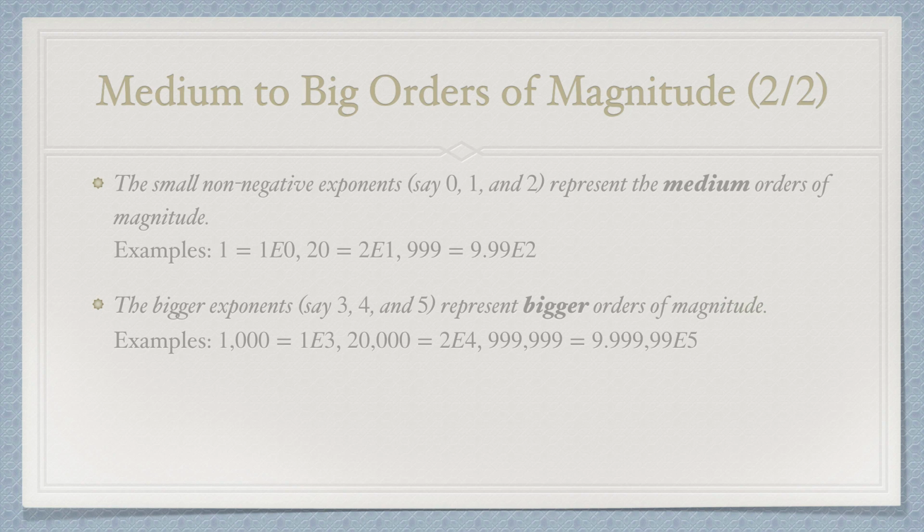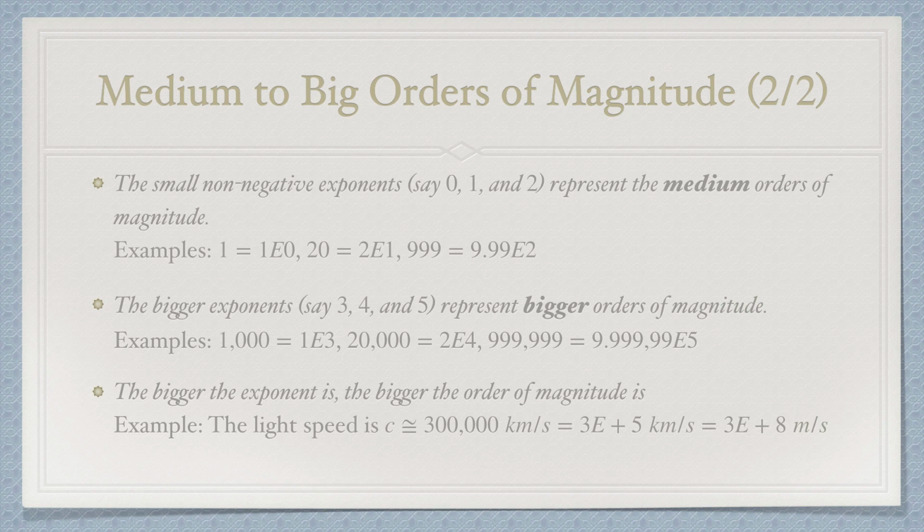For instance, 1000 is with an exponent 3, 20,000 is with an exponent 4, and 999,999 is with an exponent 5. The bigger the exponent is, the bigger the order of magnitude is.